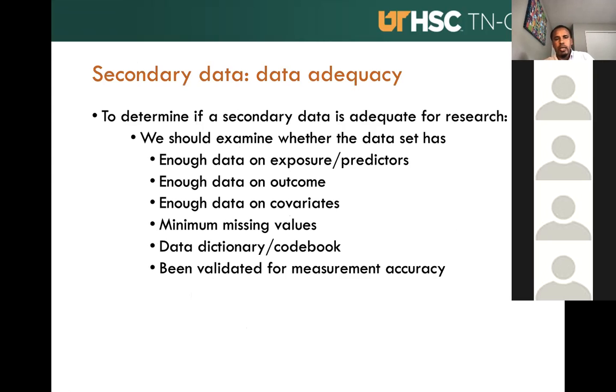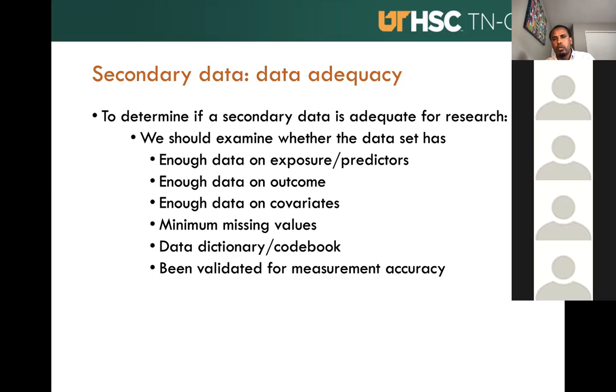To determine if a secondary data source is adequate, we should examine whether the data set has enough data on exposure and predictors, enough data on outcome, and enough data on covariates, the additional factors besides exposure and outcome that can affect the relationship between them.